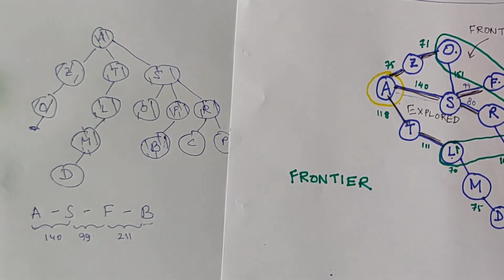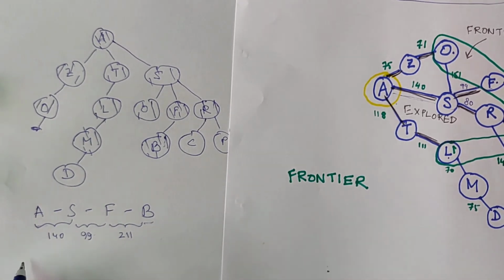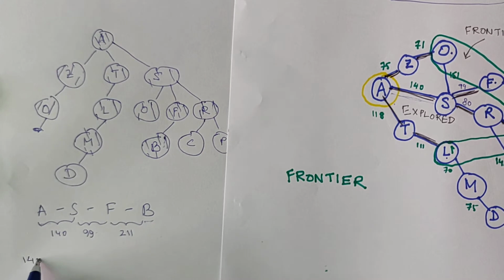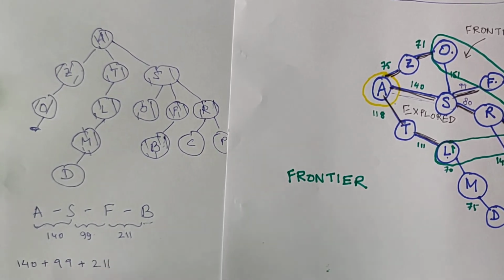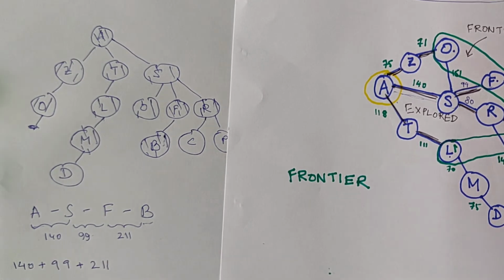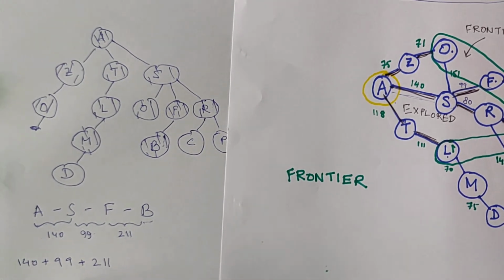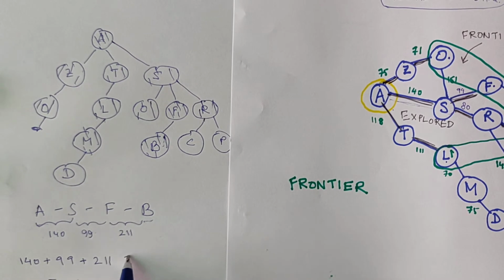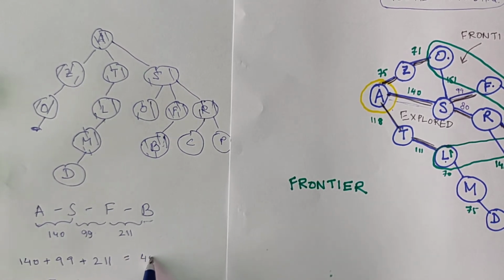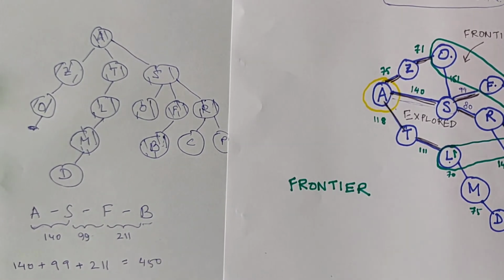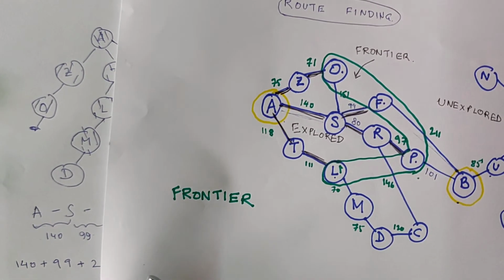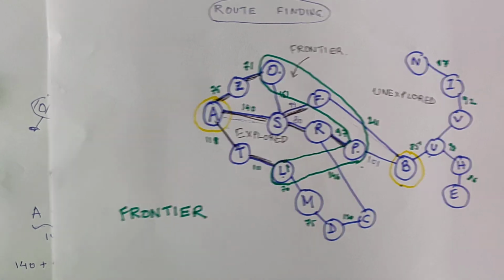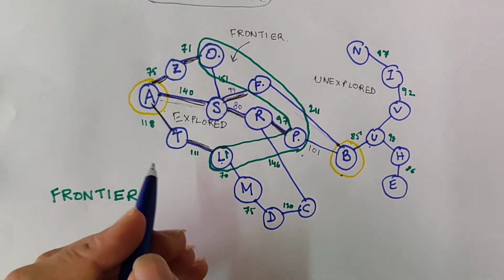So what is the total path cost? It is a summation. So 140 plus 99 plus 211, which comes out to 450. Right.